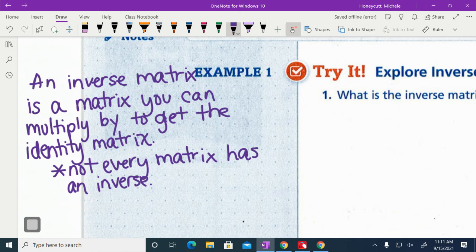Yes, Abdullah. If there are more than 2 rows or more than 2 columns, do we just add after we multiply? Are you looking at a specific problem?